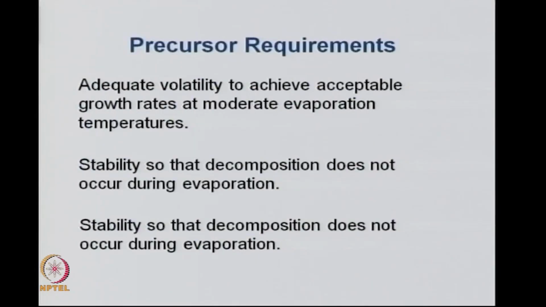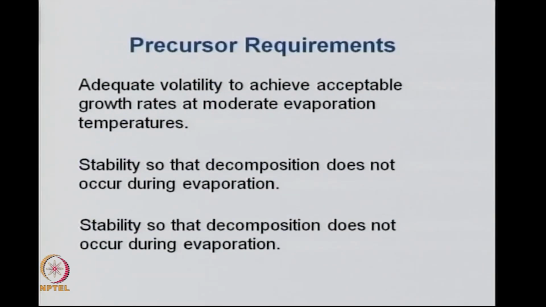One of the important requirements for this precursor, either the pressurized gas as a liquid or just the gas, is that there should be sufficient volatility to achieve acceptable growth rates at moderate evaporation temperatures. That means the volatility of that liquid to form gas should be very high.